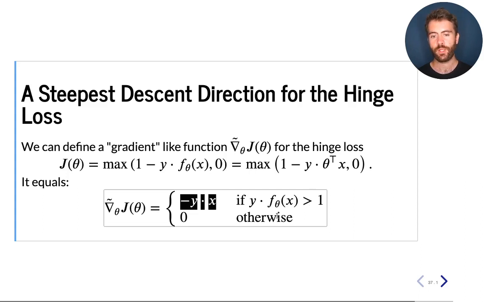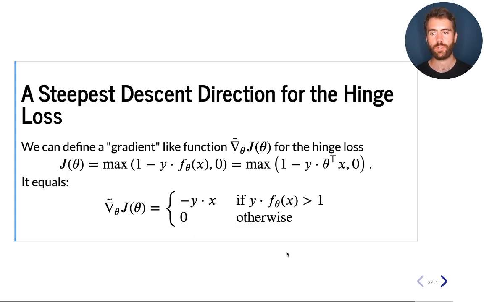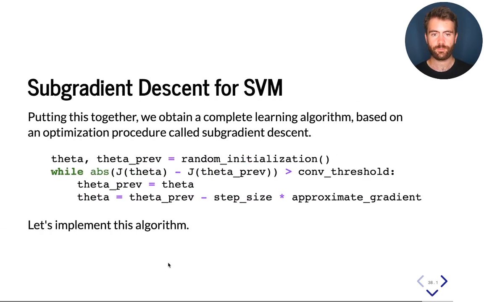Here, we're using 0 as the gradient at the kink, or at the inflection point, but we could have used this one instead. It doesn't matter. So here I'm simply combining the different cases that we have seen in the previous slides into one expression for this term which behaves like the gradient.